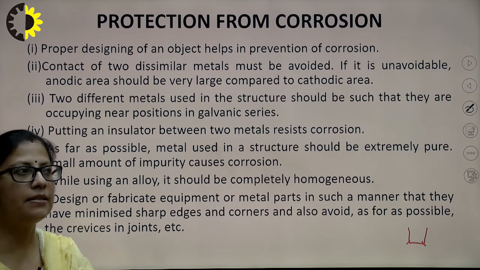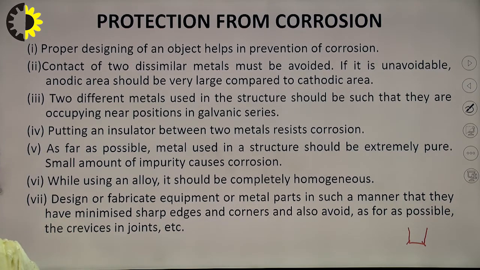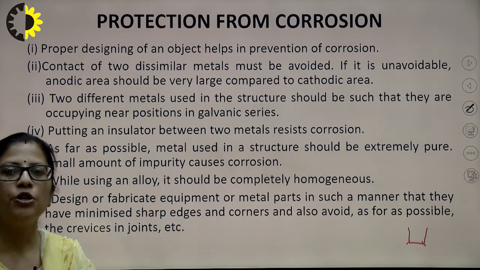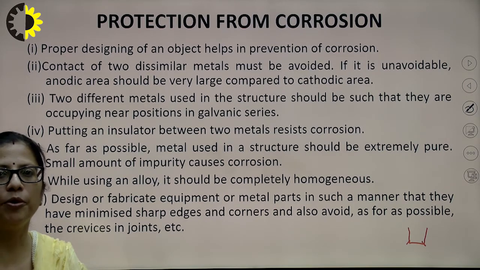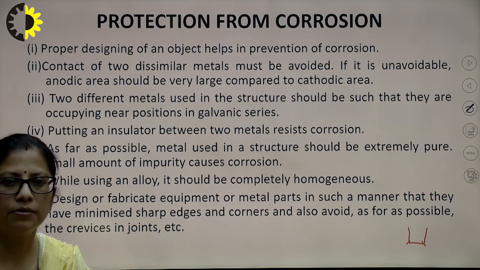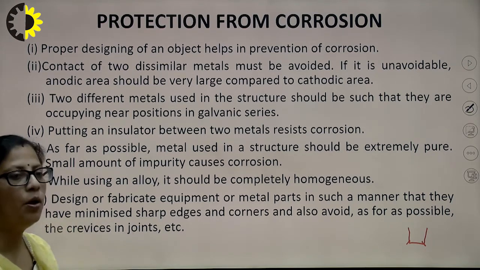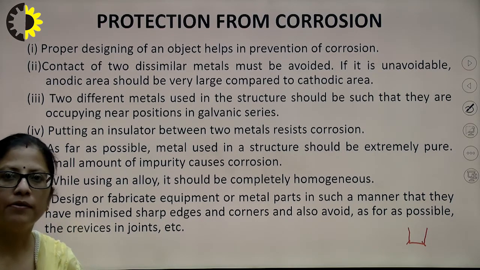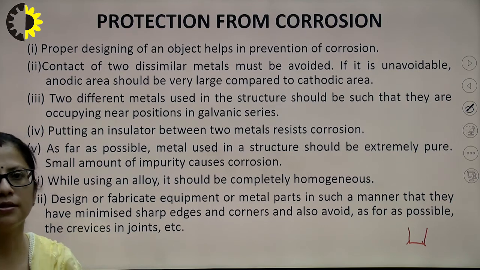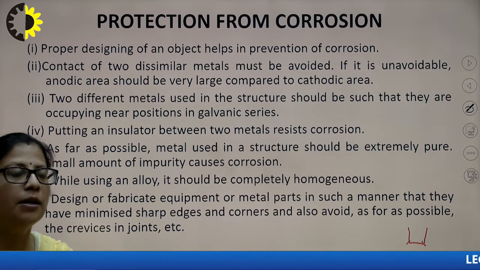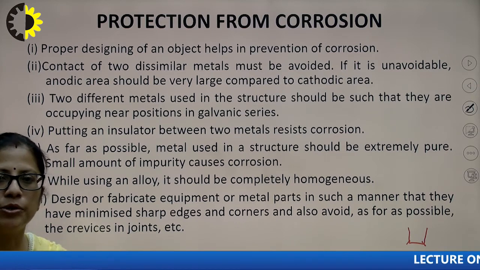Then next, as far as possible, the metal used in the structure should be extremely pure. Even a small amount of impurity causes corrosion. Next, while using an alloy, a mixture of different metals, it should be completely homogeneous. The more the heterogeneity, the more the rate of corrosion.